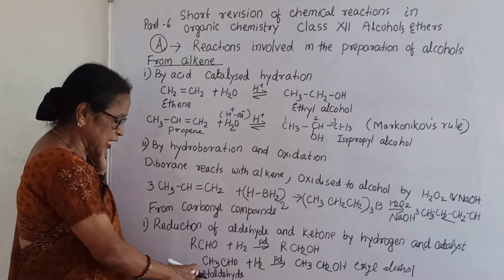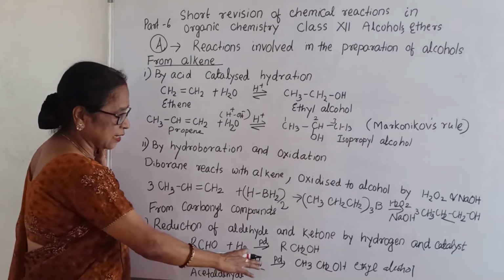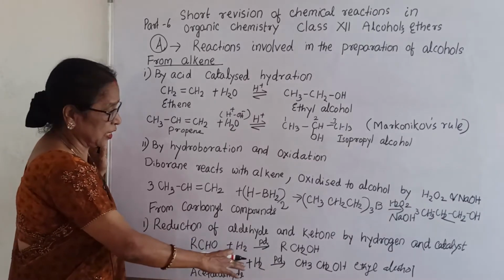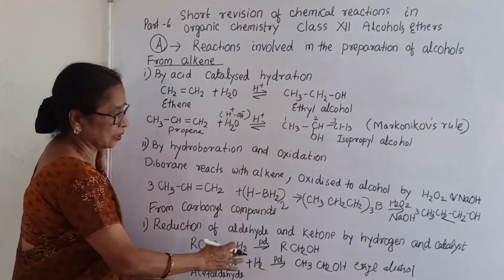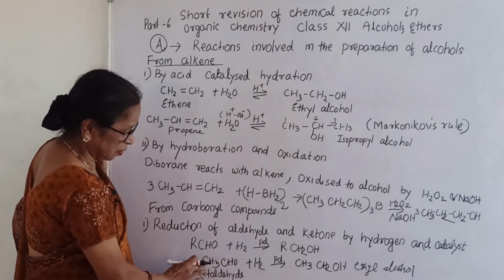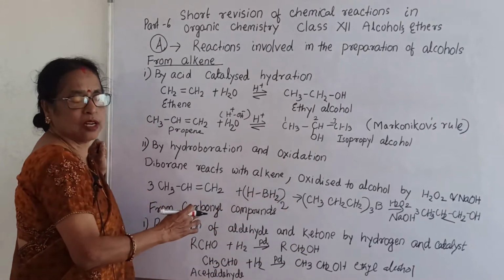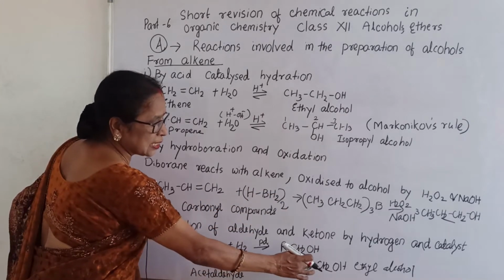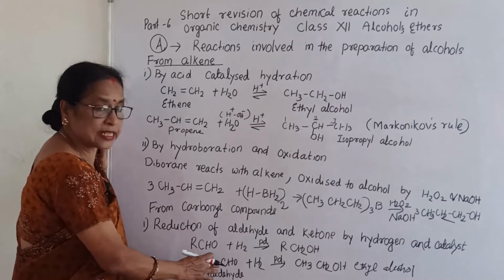Now CH3CHO acetaldehyde, with hydrogen in presence of palladium, one can get alcohol. How many carbons? 2 carbons. What is the alcohol? Ethyl alcohol. So what is the formula? CH3CH2OH.